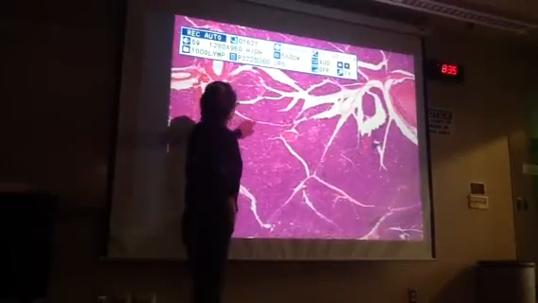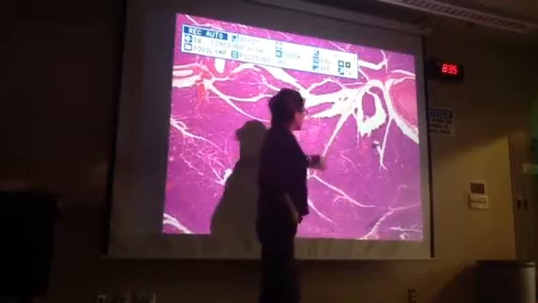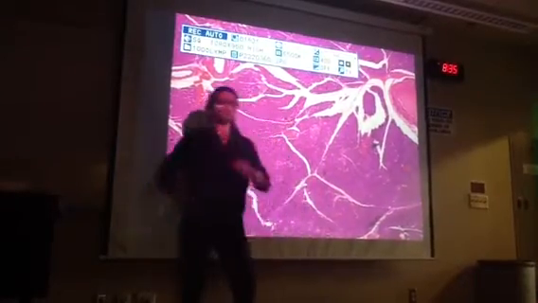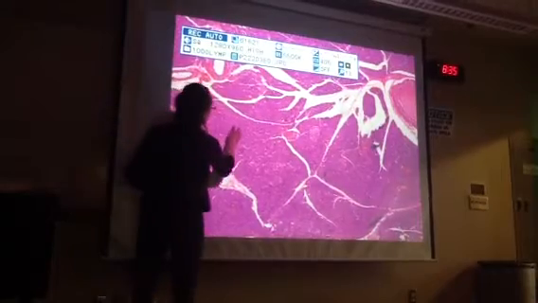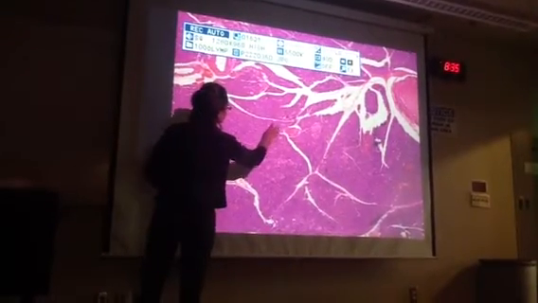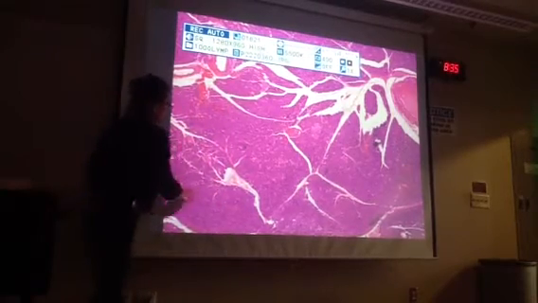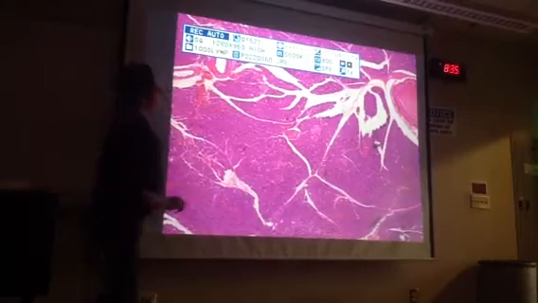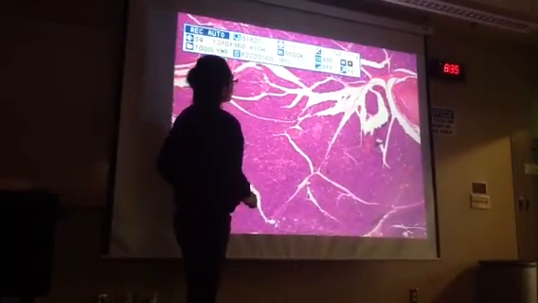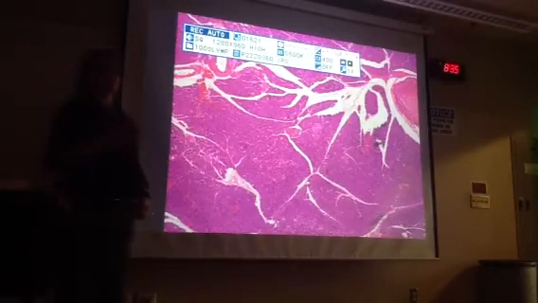These lines, these kind of white areas that you're seeing, these are capillaries or small blood vessels that are cut lengthwise. The smaller white lines or white spaces in here would be smaller vessels or more likely capillaries. What you want to look for are the islets. The islets are the endocrine cells.